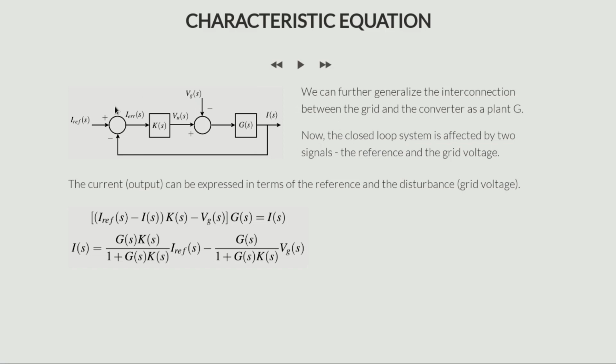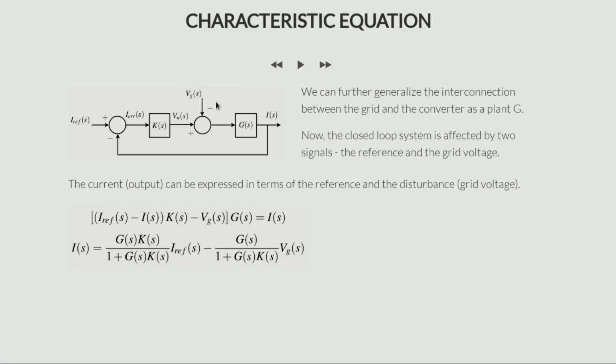Now, let's take this system and look at how it is affected. Once you close the loop, you have changed the system significantly. In this closed loop system, several variables have been denoted: there is a reference, the error, the controllable voltage, the grid voltage or disturbance voltage, and finally the current output.